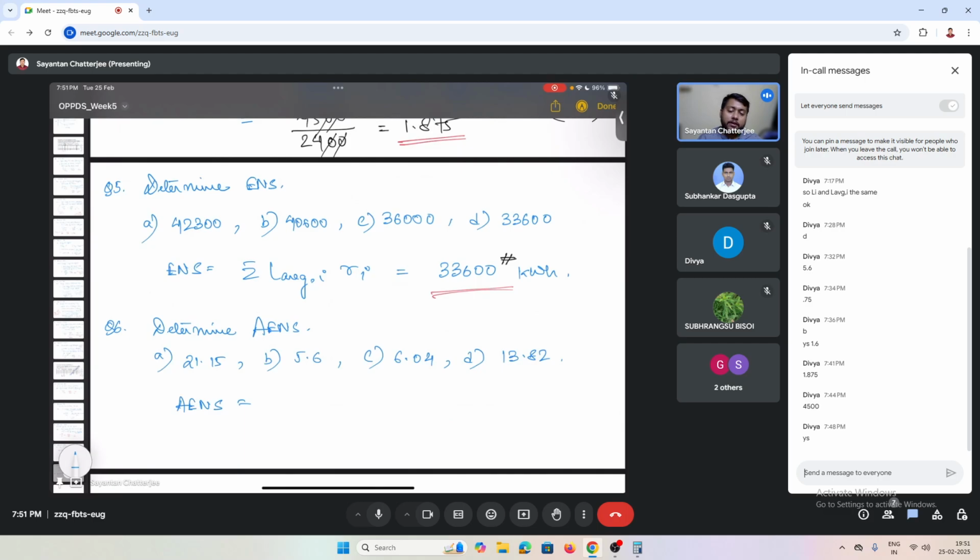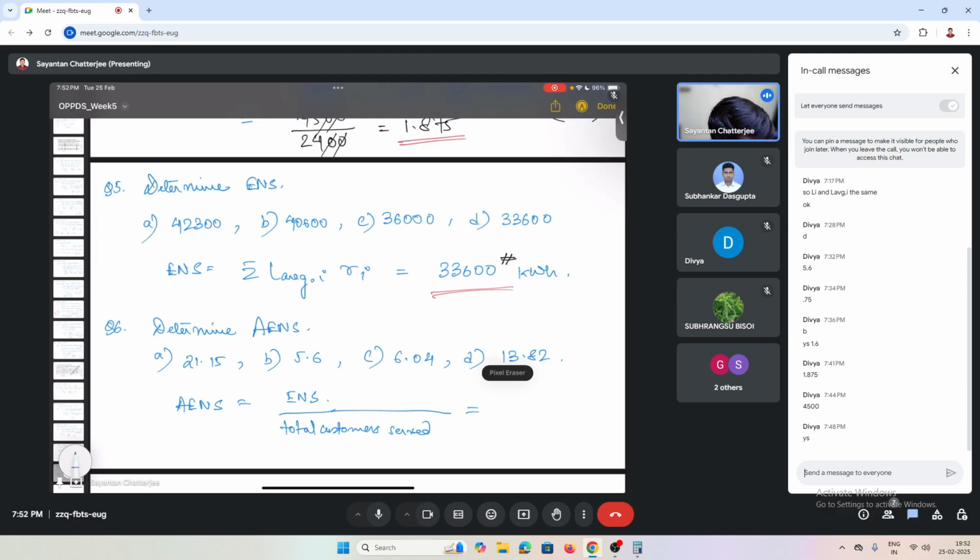The average energy needs to be calculated for whom? For the customers, right? So the average energy not supplied would be the total energy not supplied divided by the total customers served.